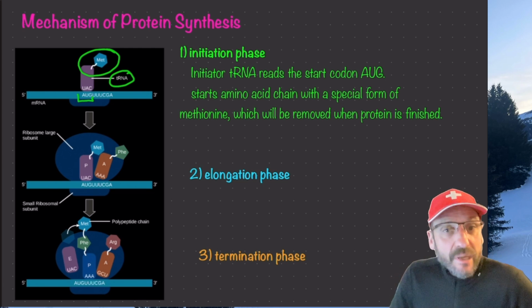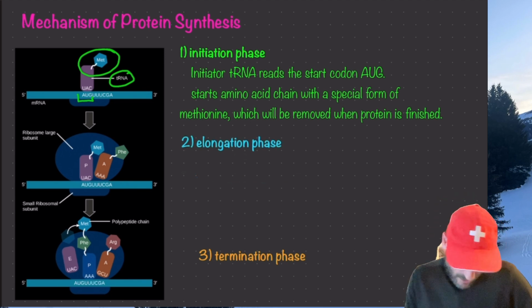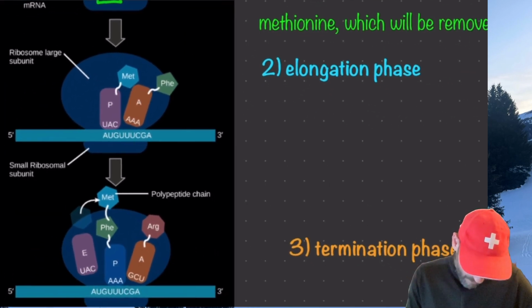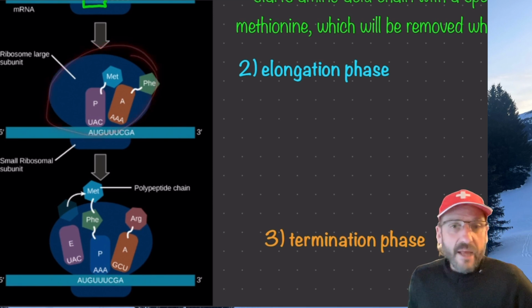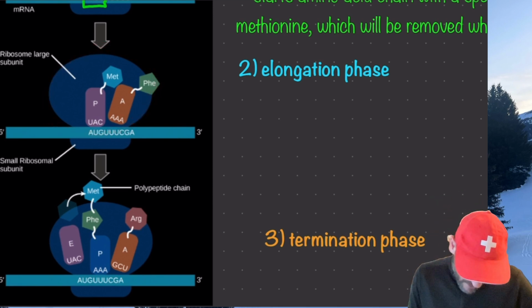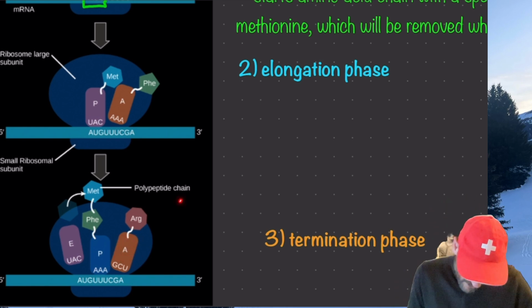So let's look a little bit at the elongation phase. During the elongation phase, we have a couple of different places at the ribosome where the tRNAs attach and do their process. Down here you have an A site, and the A site is where the incoming amino acid gets brought in from the cytoplasm.